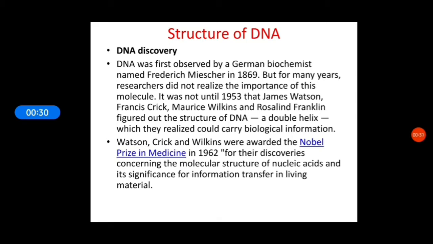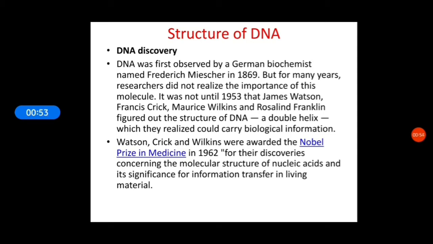Before starting the topic, we peep into the history to know about the discovery of DNA. DNA was first observed by a German biochemist named Friedrich Miescher in 1869 while studying white blood cells.